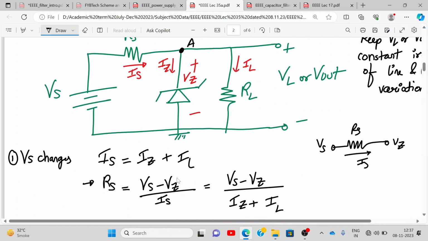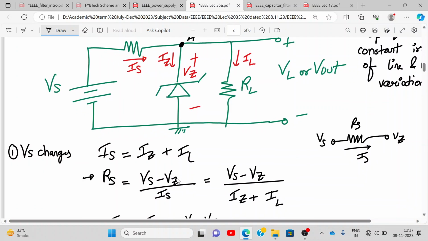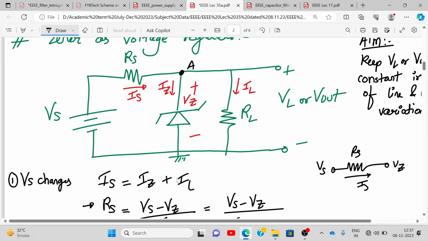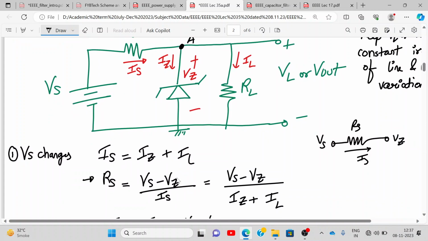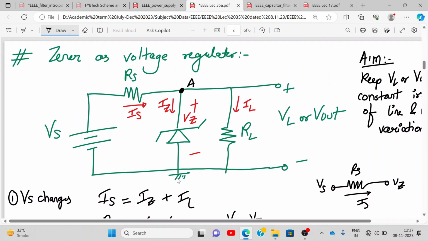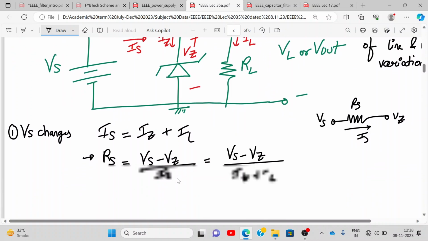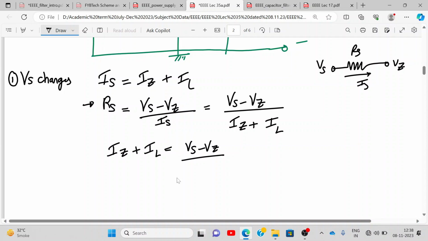Vs should be greater than Vz. KCL will give Vs minus Vz only. You are assuming Vz is greater than Vs? No, it will be this way only. See, voltage at node A is the same as Vz. So Va is the same as Vz. Now if you apply that, you will get the same thing only. Okay? So Iz plus IL is Vs minus Vz upon Rs.